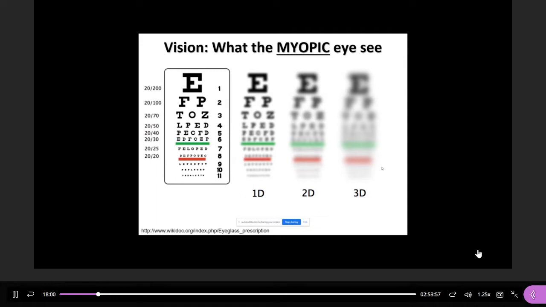Okay. So let's talk about the vision. Most of our students in the future, when you go to the clinic, the patients you meet will be myopic patients. So what does the myopic patient's eye see? Let's see the left vision chart. In a normal patient or normal student, if you wear your glasses and sit in front of the screen, you can clearly see the numbers from 20/20 to 20/200.